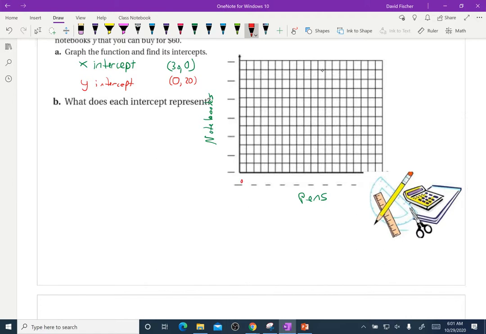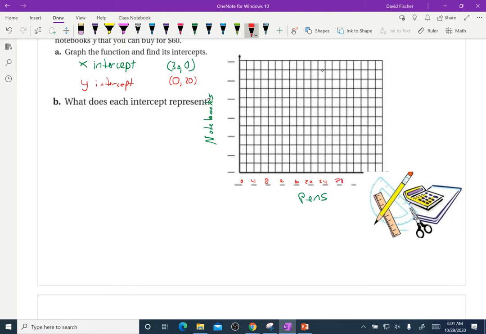So this would be 0 here. So really it's going to be 2, 4, 6, 8, 10, 12, 14, 16, 18, 20, 22, 24, 26, 28.